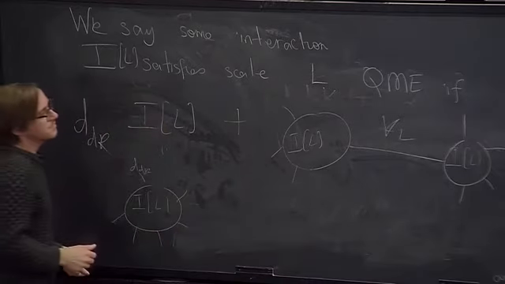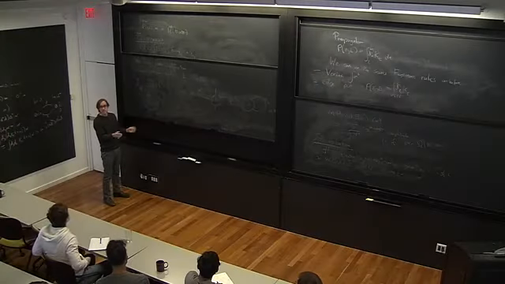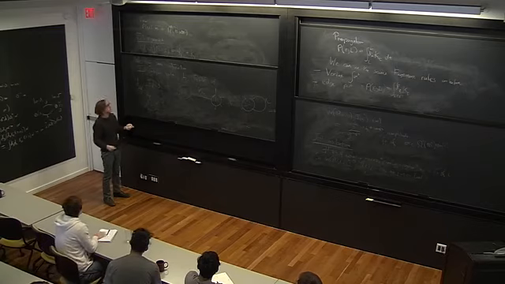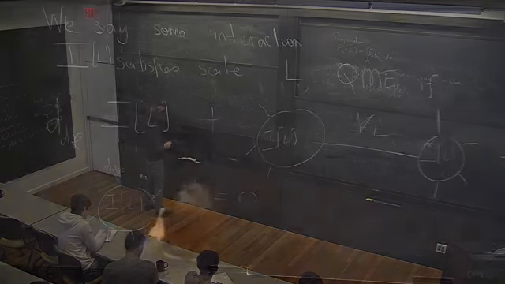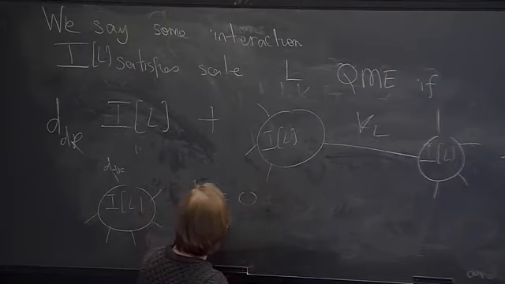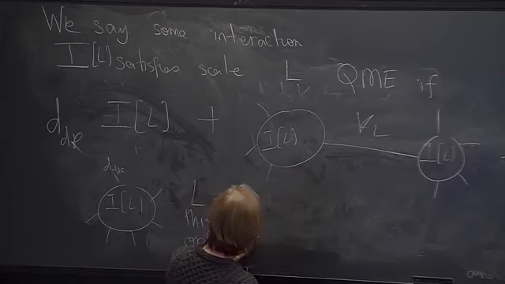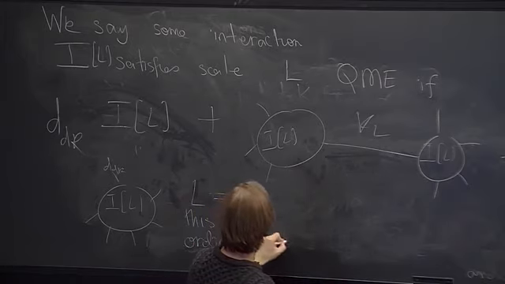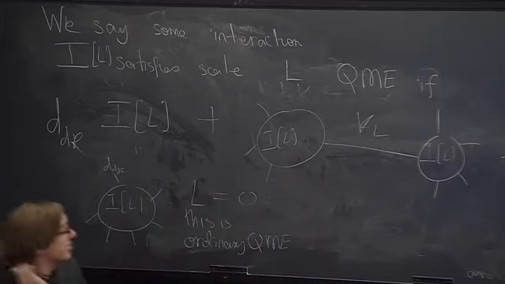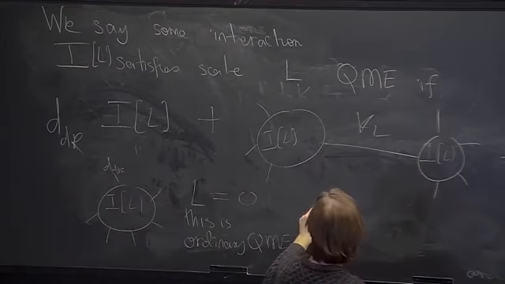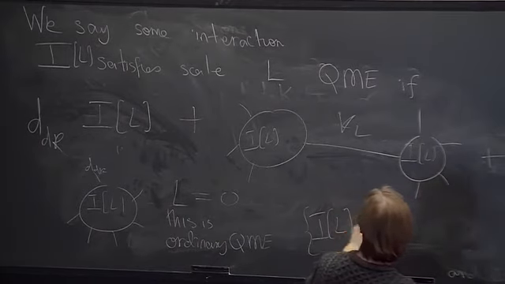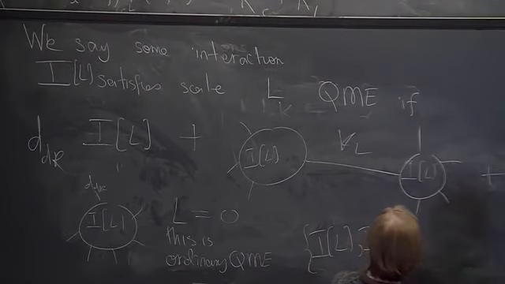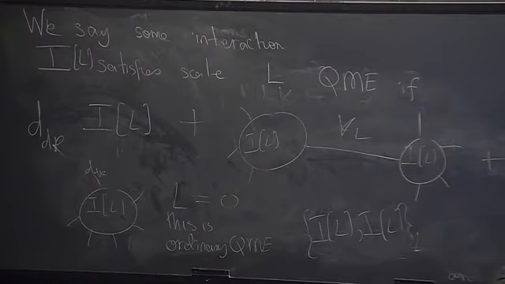Now, if L is 0, this just literally is the quantum master equation. So we can think of this term here as some kind of bracket, and this term here as some kind of dV Laplacian.